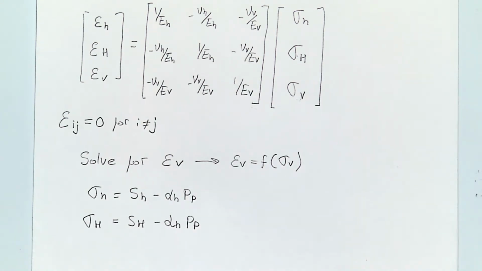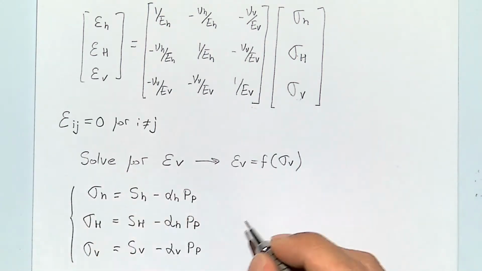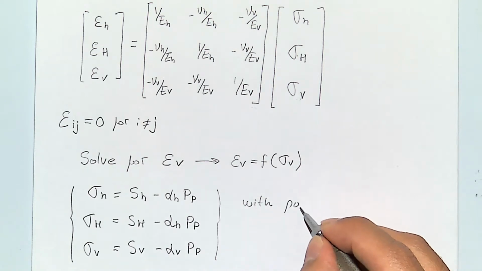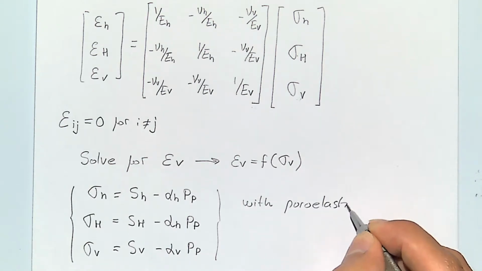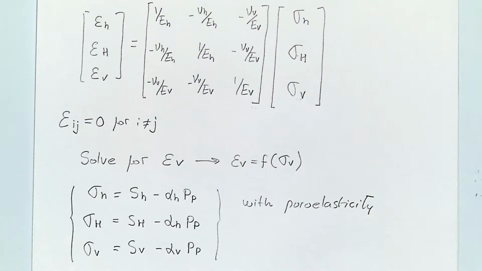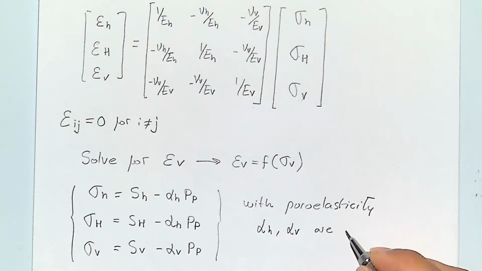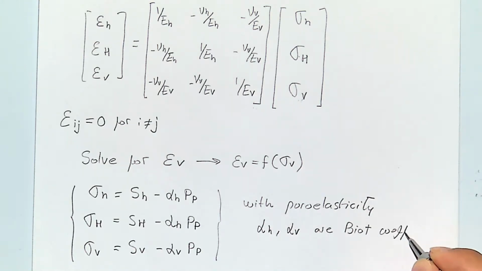It's just the effective stress equation corrected by a coefficient. And this is with poroelasticity, and this is what we're going to see in about 2 weeks, where alpha H and alpha V are the Biot coefficients.